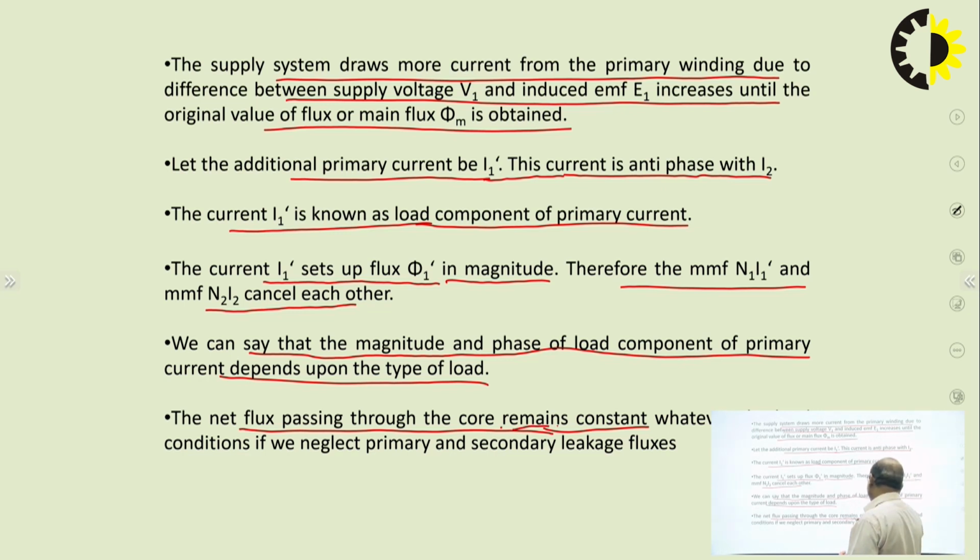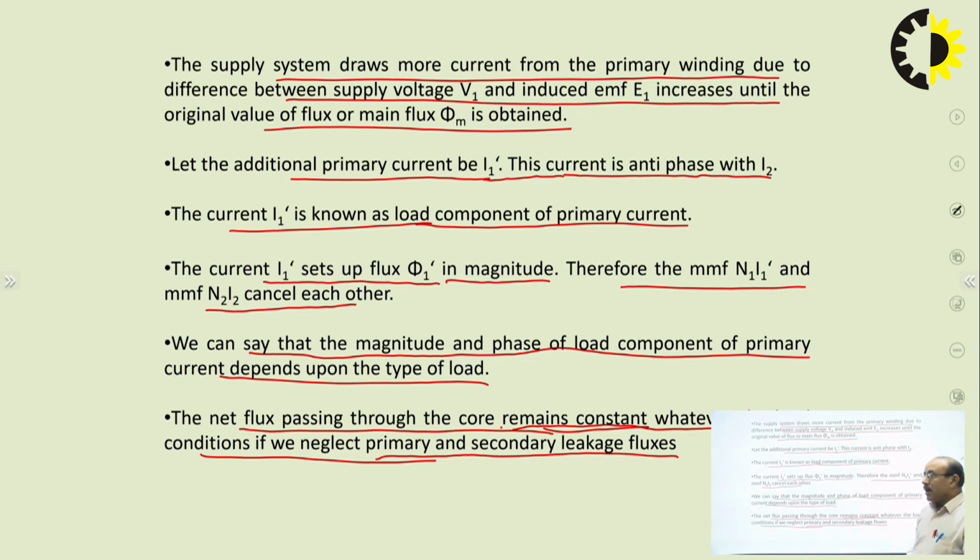So core flux remains constant whatever the load connected across the secondary side, if we neglect primary and secondary leakage flux. That is the phenomenon which happens in a transformer when some load is connected across the secondary side.